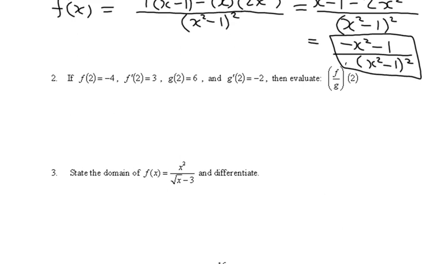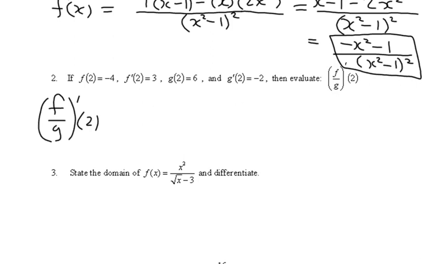This is one of those where we're working numerically instead of with variables. All right, so this time we're doing the derivative at 2. So what do I want? I want f over g, prime, at 2. That's what I want.